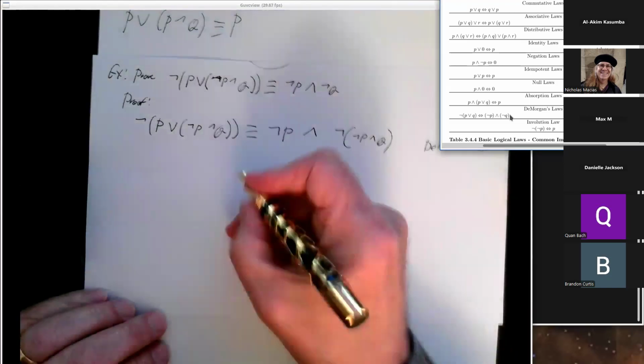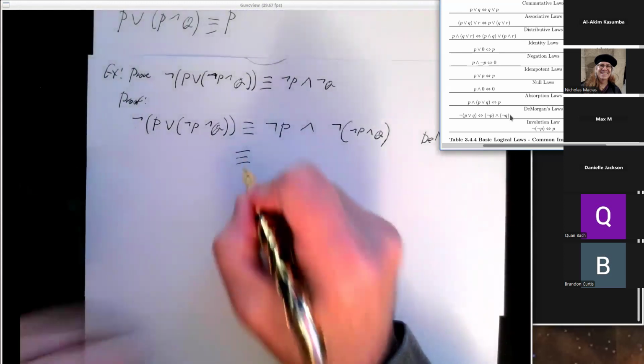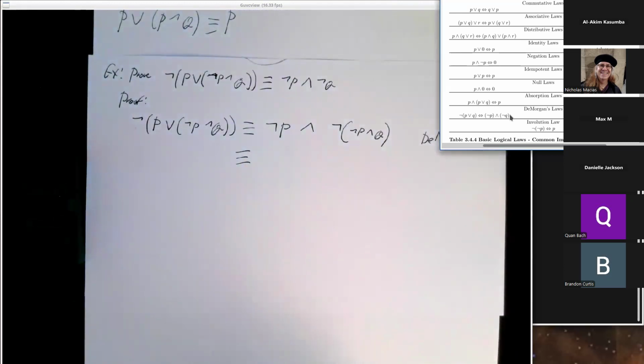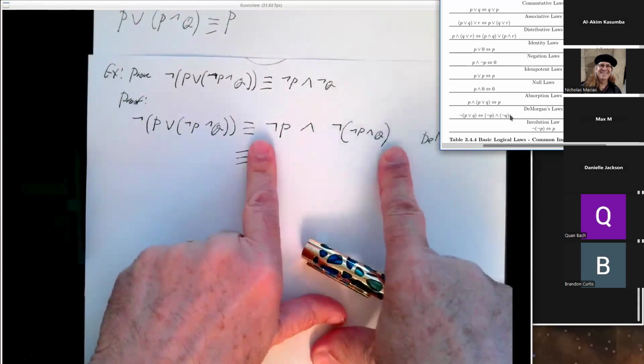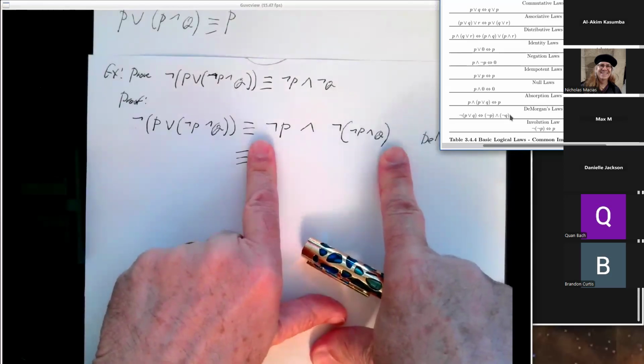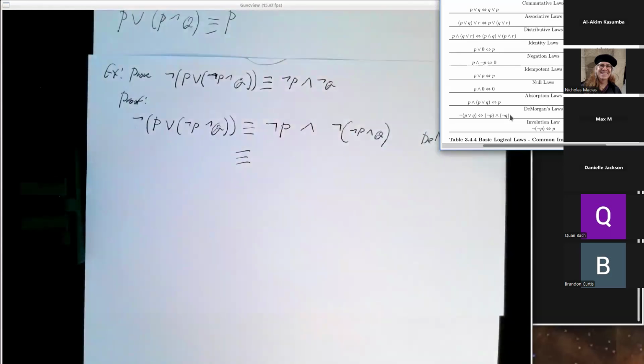All right, I'd like to find another equivalence. Is there some way I can take this proposition, or maybe a piece of it, and change it into something else using one of these laws of logic?